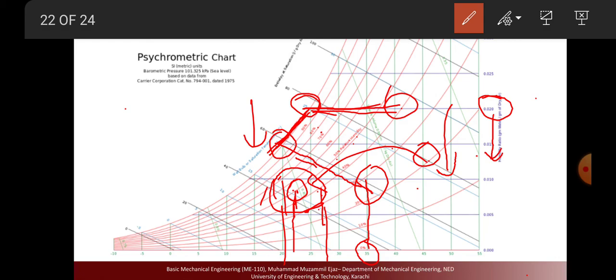So dehumidification, whenever we go downside like this after reaching the dew point, the water present in the air is actually removed. You can see the practical form in our indoor unit. You can see the water is coming from the indoor unit.